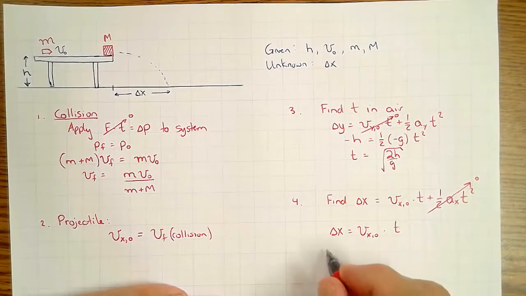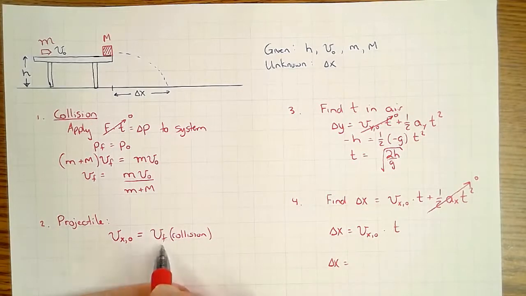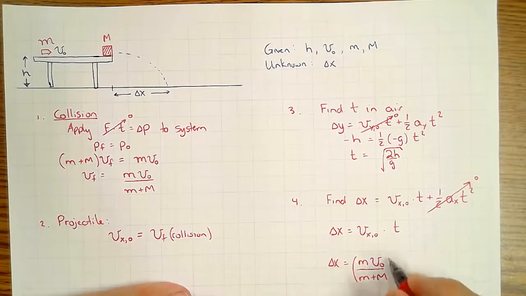And I can put in what I have for that. That means that delta x equals the velocity initial in the x direction, which is the final velocity for the collision. So that's m v0 over m plus m, times the time, which is the square root of 2h over g.